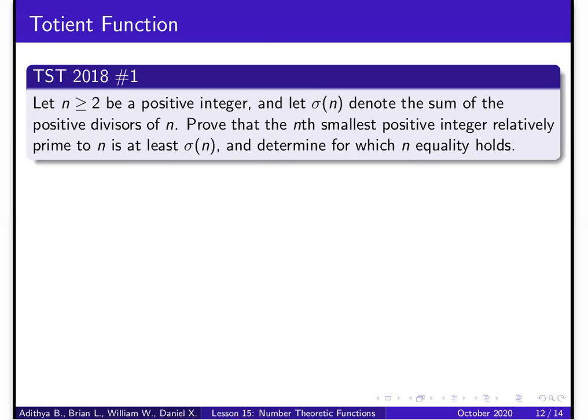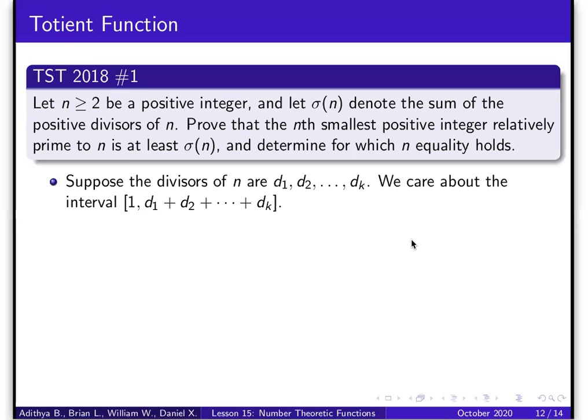Well, first let's let the divisors of n be d1, d2, all the way to dk. So note that sigma of n is d1 plus d2 plus all the way to dk. So we only care about the interval between 1 and this quantity.